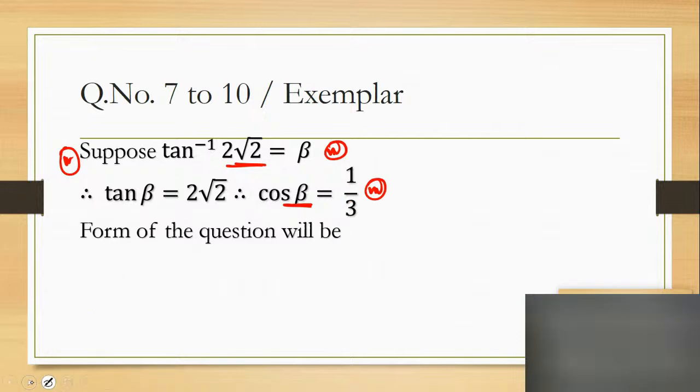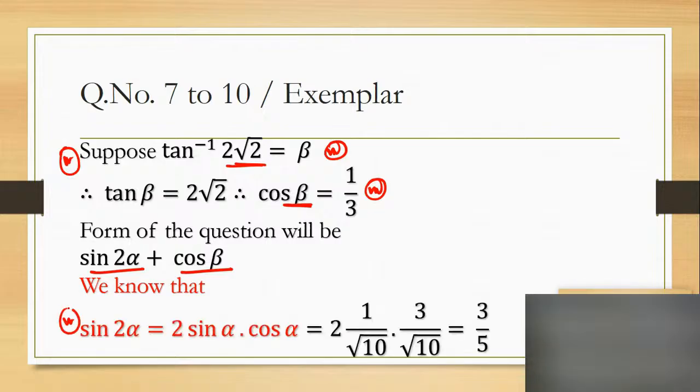From the question, it will be sin 2 alpha plus cos 2 beta. Now putting the values of these two, then we get here. We also know that sin 2 alpha equal to 2 sin alpha into cos alpha. So 2 into sin alpha 1 by root 10, cos alpha 3 by root 10.